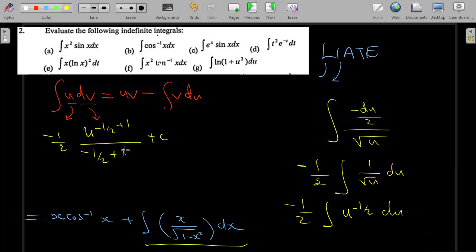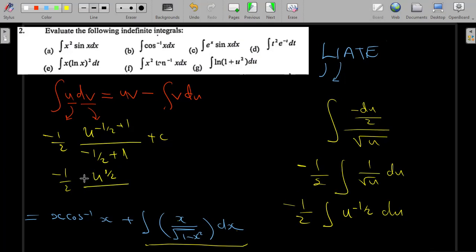And also because I have a half here, when I add negative 1 over 2 plus the 1, that just gives me half. So this will just be half like this. Then I have u. Same in the exponent, I get 1 over 2. Then down there also I get a half.